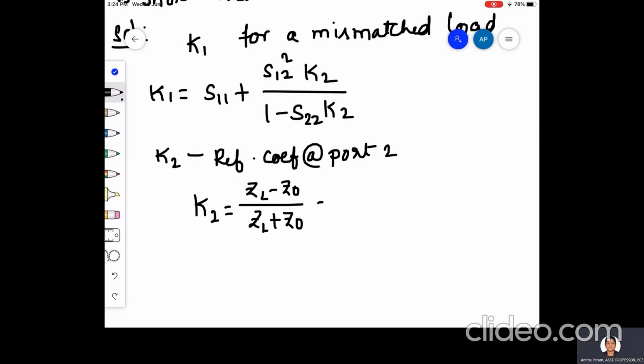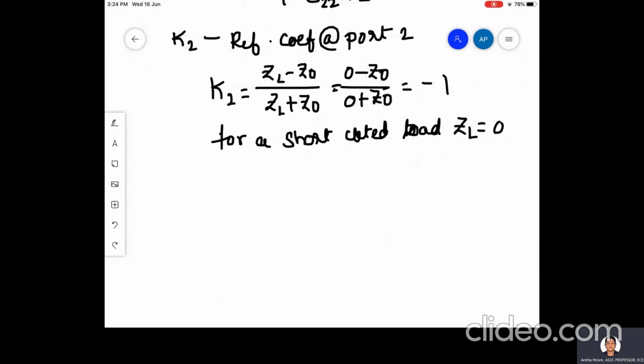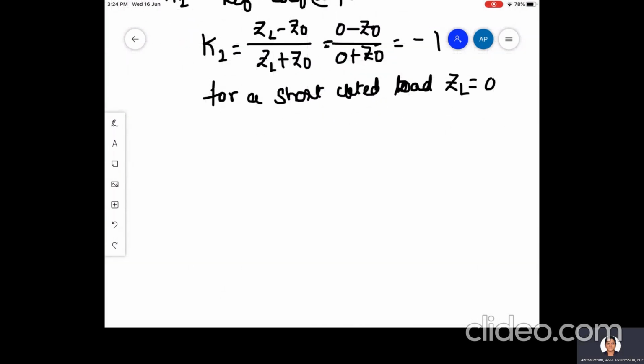In this case, for a short circuited load, the load impedance ZL is 0. Substituting, you get 0 minus Z0 divided by 0 plus Z0, which gives you minus 1. So K2 we have determined. Now substitute the rest of the values and determine K1.